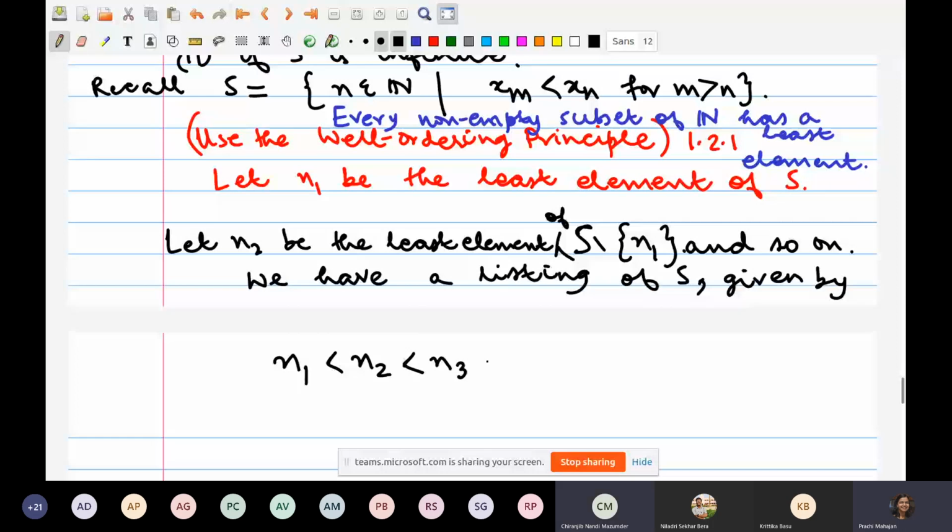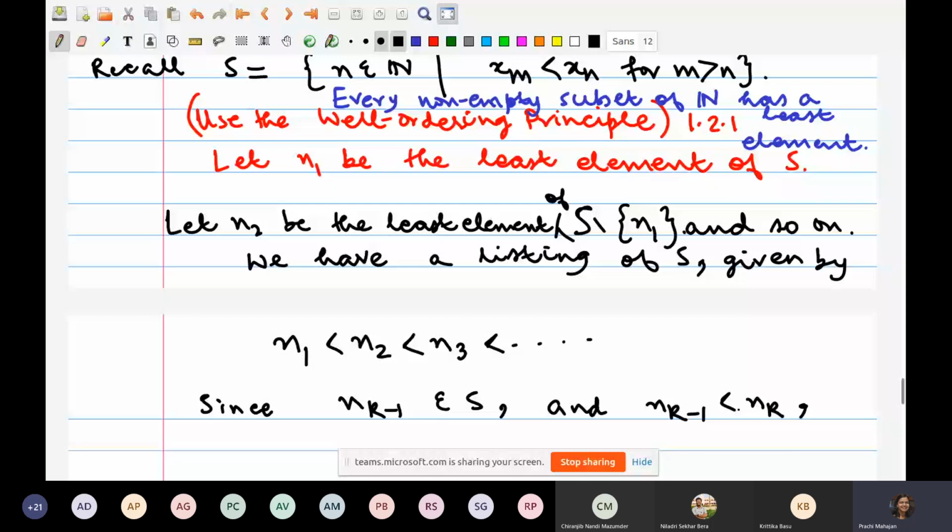Let's recall, and I'll emphasize that since n_{k-1} is an element in S for each index k, and n_{k-1} is strictly less than n_k by construction, what follows from the definition of S is that you can say something about x_{n_{k-1}} and x_{n_k}.